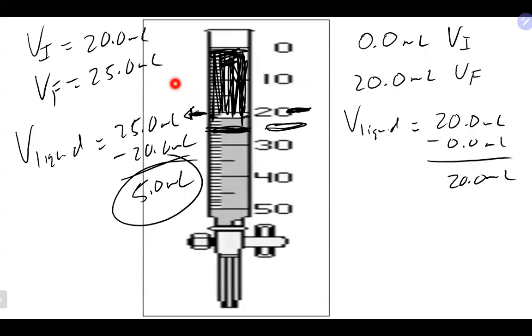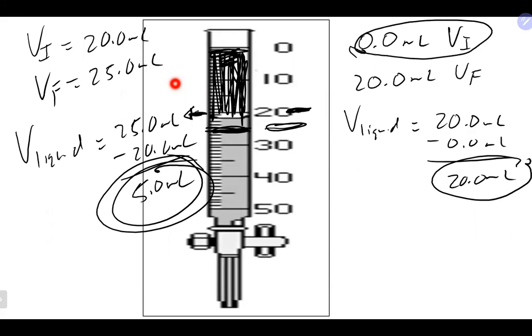From filling it to 0 to where I stopped right now, I added 25, right? I first added 20 on the first shot, and then another 5 on the second shot. Overall, I added a total of 25 milliliters, which I could find from my original initial reading and my final reading by taking the difference between those 2. It'll tell me the total amount that I added.